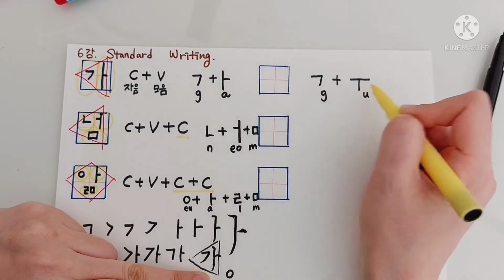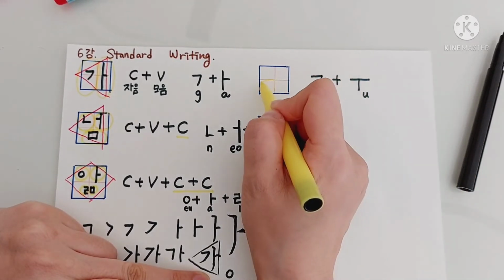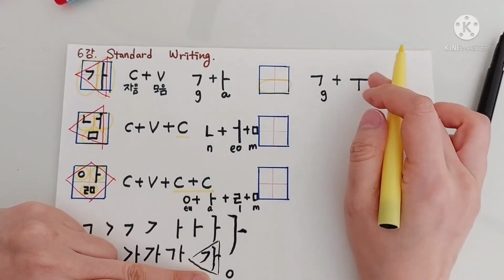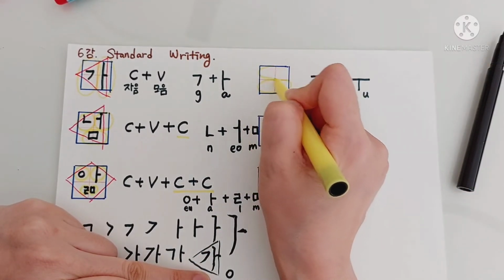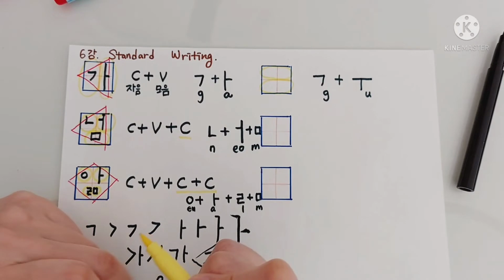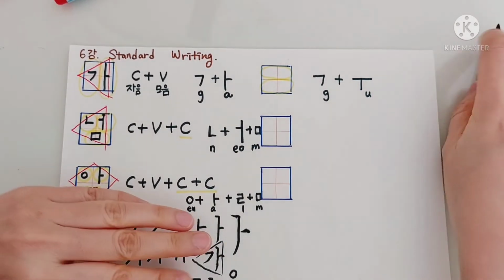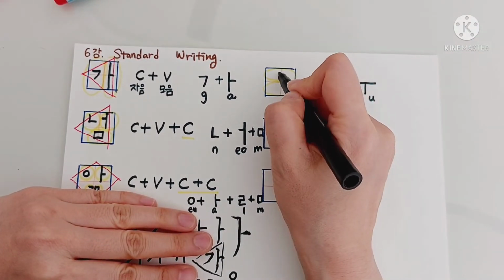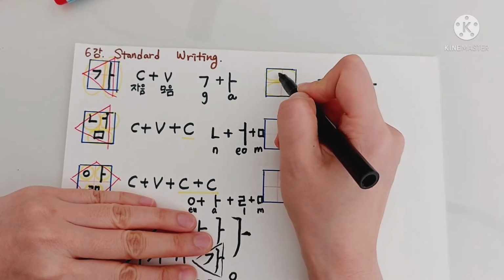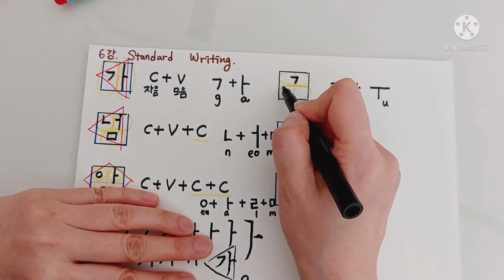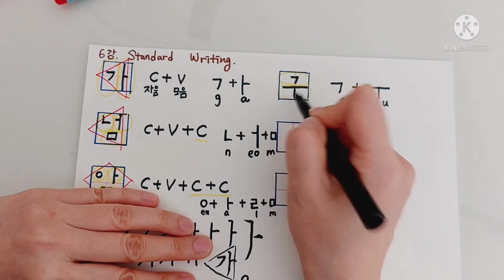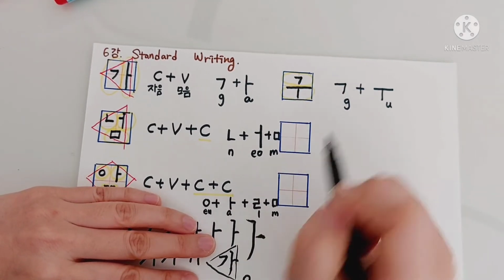Not on the top, because it should be on the bottom. The flat one is always on the bottom. So in the middle, beautifully, 그, and then in the middle, like this, 우, okay, 구.